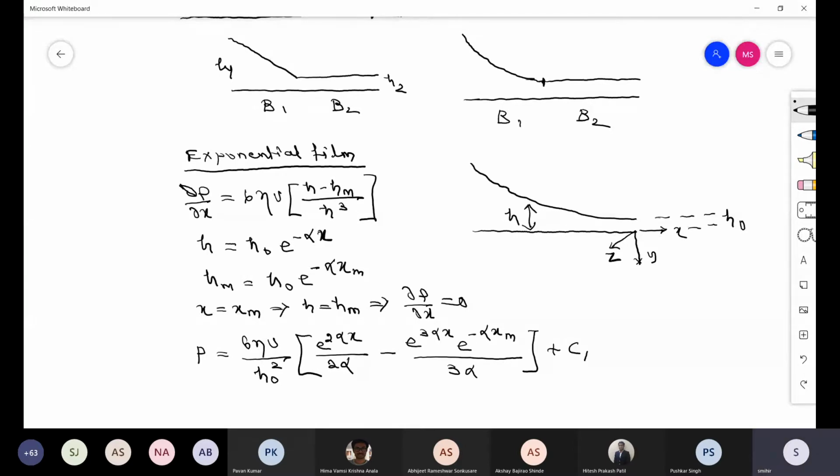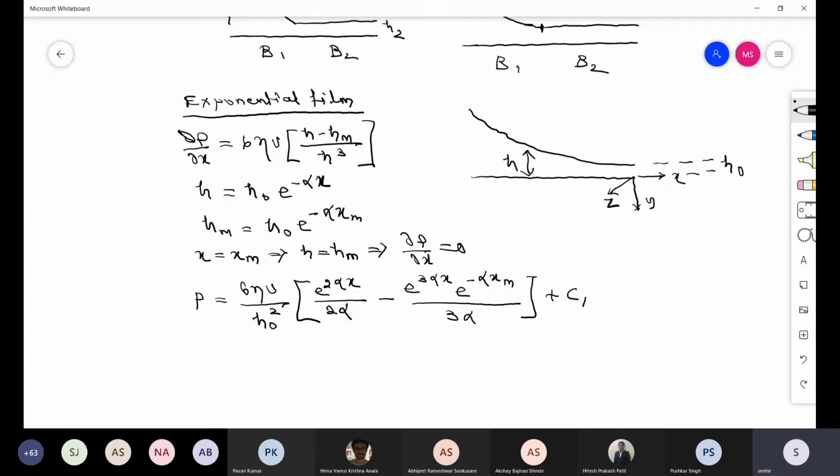Okay, you will get a constant. So there are now two constants, xm and C1. These two have to be evaluated.